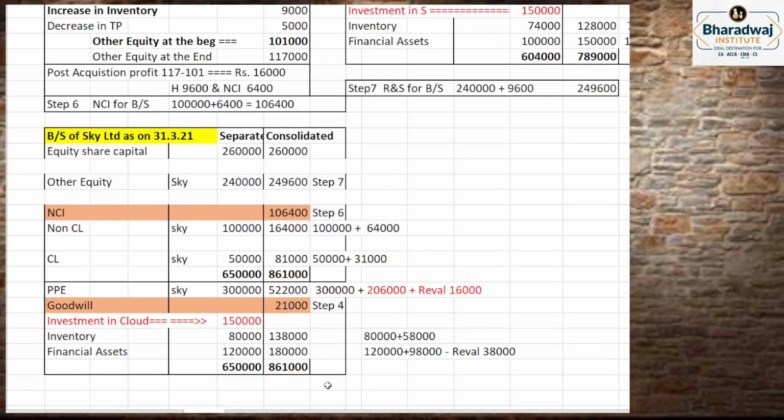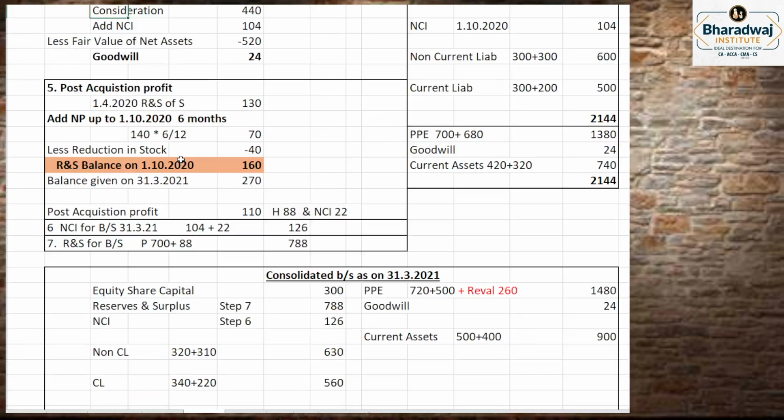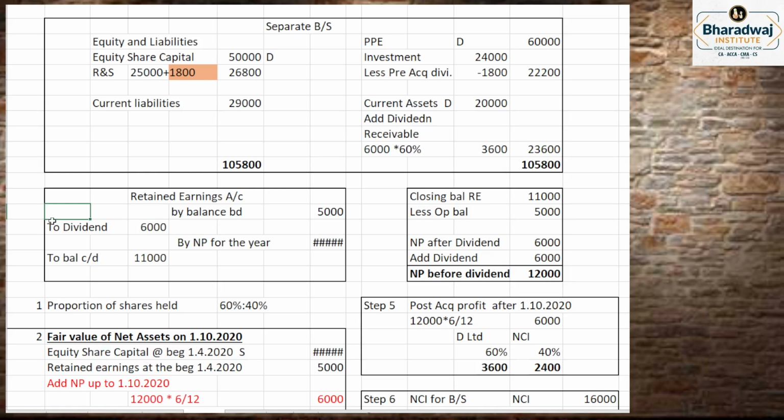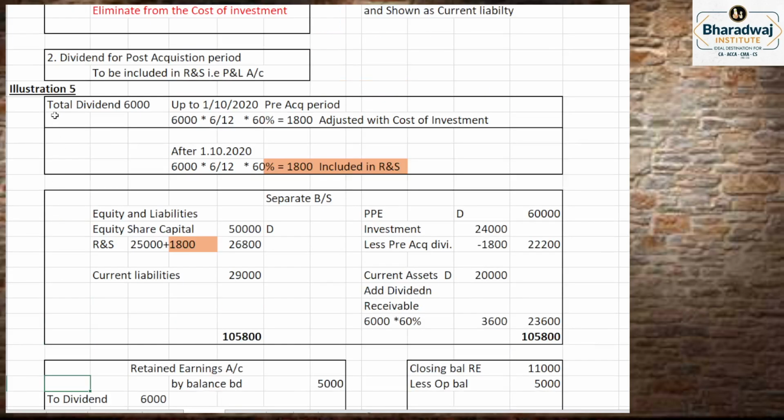Only printing over other. Is it done? Over. First analyze about the dividend declared, then we will continue.